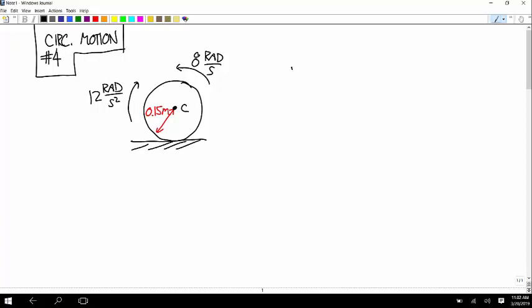Okay, so the speed of the center is equal to omega r.